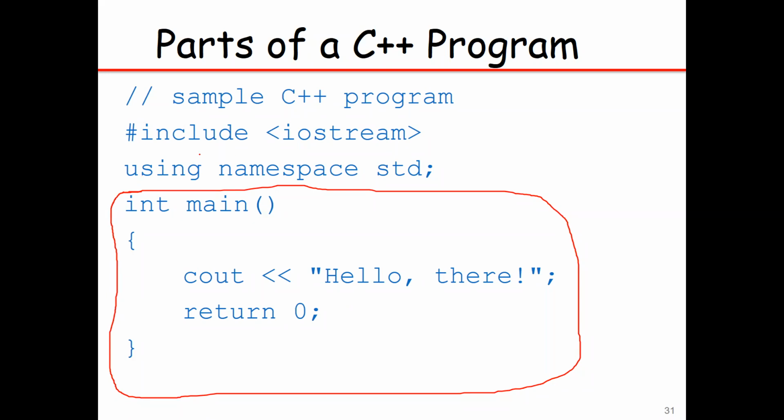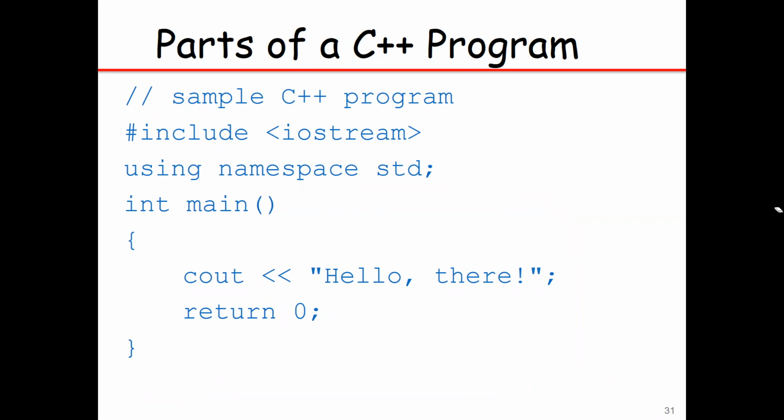These statements are called preprocessor directives, and preprocessor directives are defined by a simple hash. The line number one is a comment line. So I'm going to describe them one by one in a very clear way. This is called a comment.